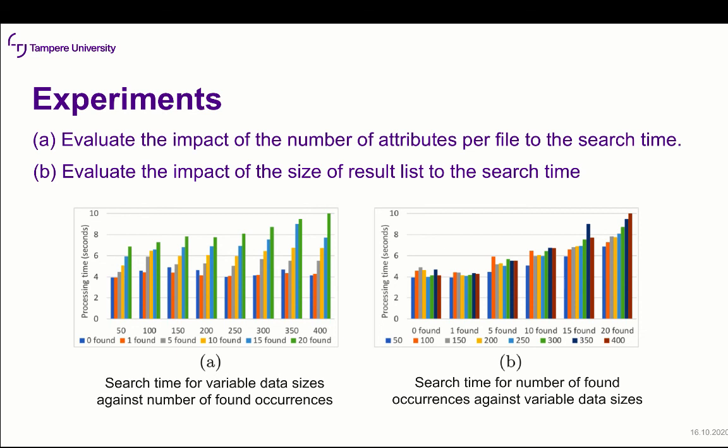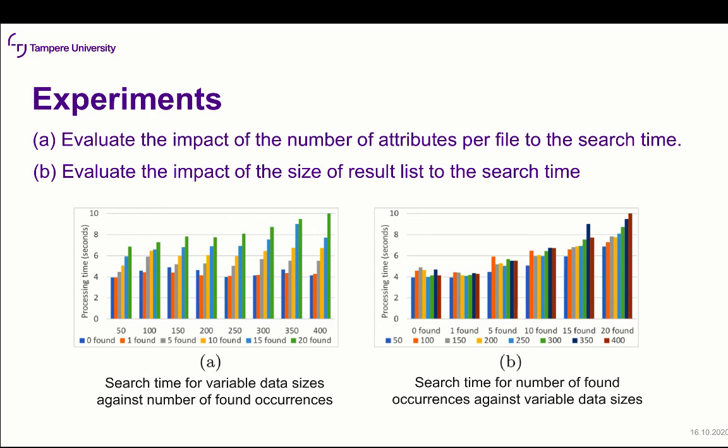But it is only clear when the number of matching keywords found is high. The reason is the main difference is the time to decrypt the received data when there are more results. And it can be seen more clearly in figure B. When the number of file occurrences increases, the processing time increases.